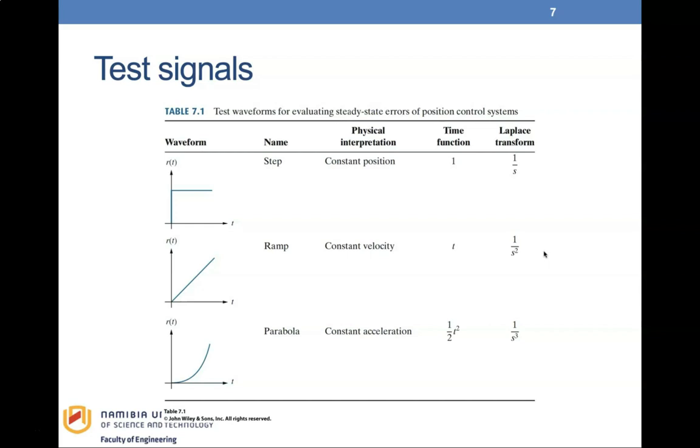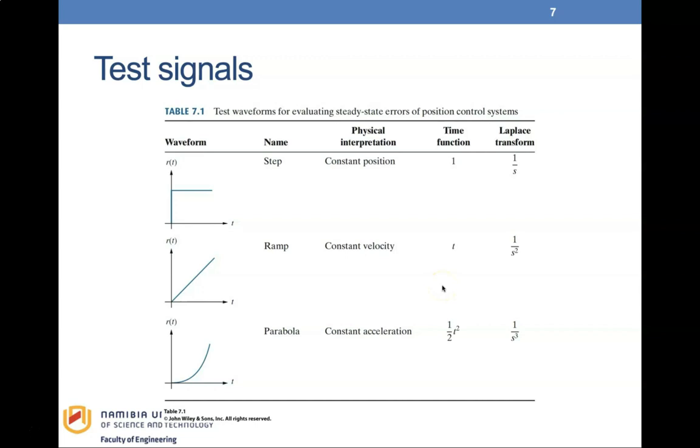And then finally is the parabola input with a time function of 1/2 t squared and Laplace transform of 1 over s to the power 3. The parabola represents constant acceleration inputs to a position control system. This can be used to represent accelerating targets, for example, a missile.